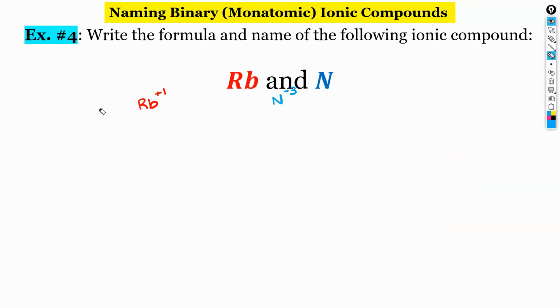All right. So when we go to write out our formula, we have rubidium, and then we have nitrogen. But we need to offset the -3 with 3 rubidiums. Okay. And then our naming is going to be rubidium. That's our cation.